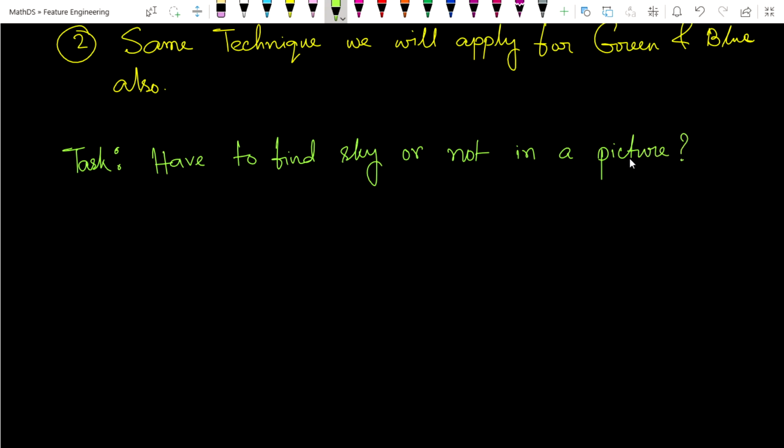In a picture, whether there is some sky or not. That's the task that we are interested to do.